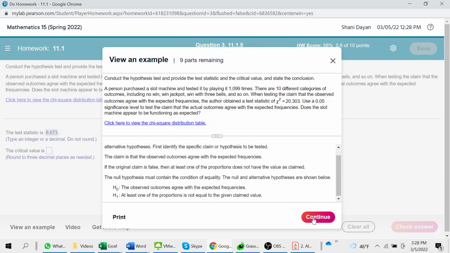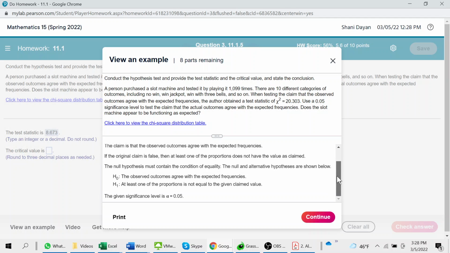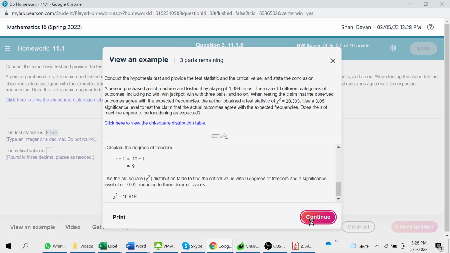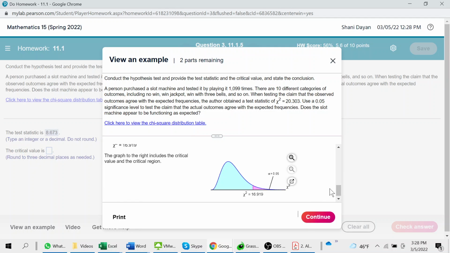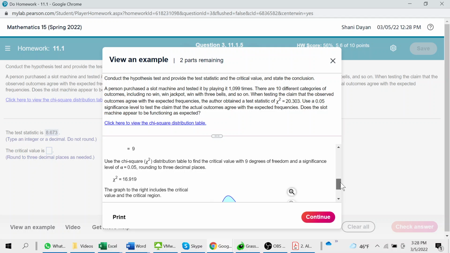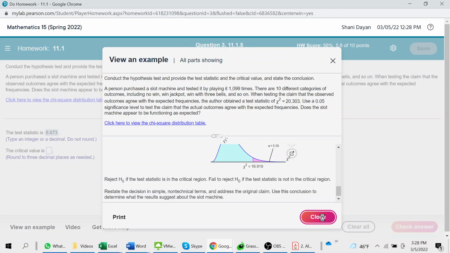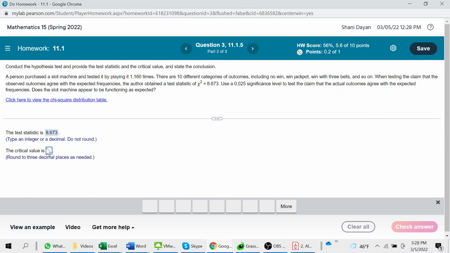I think I know what the answer is, but I just want to quickly see here. All right, I think the answer is 19.023.